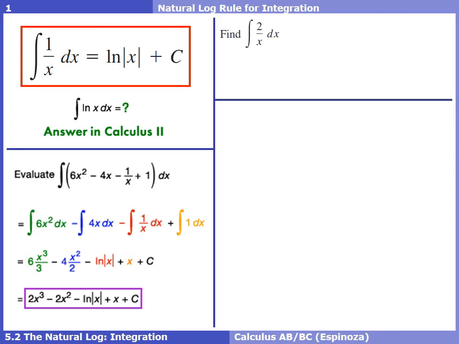Okay, here we have the integral of 2 over x dx. Well, this one we can approach quite simply by pulling out that 2 in the top of the fraction. If we factor out that 2 to the outside of the integral from the top of the fraction, we'll just be left with a 1.